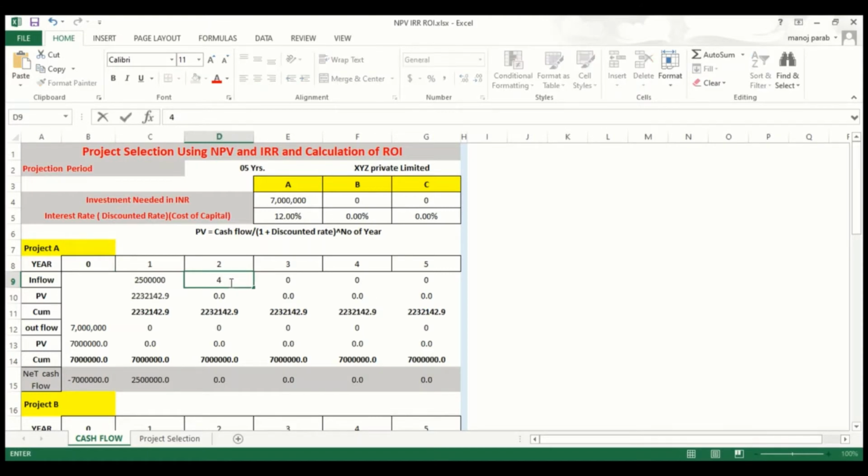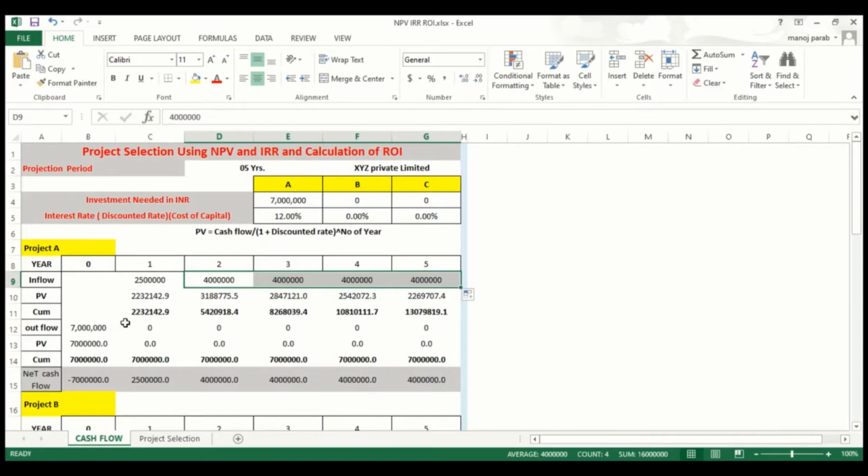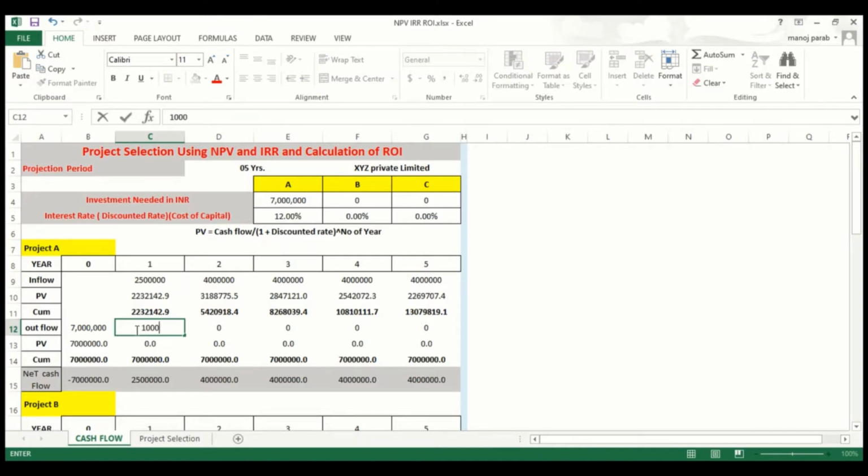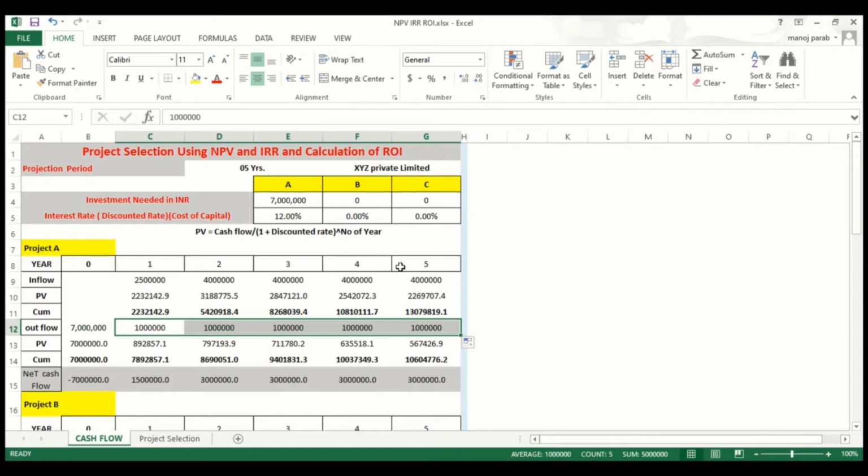Then in the second year we consider 40 lakhs and keep the same till the 5th year. Then here is outflow. We put an outflow of 10 lakhs. We can drag it. So we have put inflow for all 5 years and outflow for all 5 years.